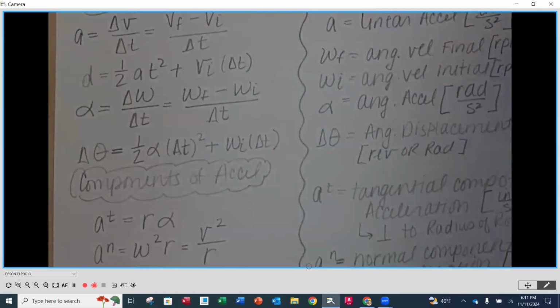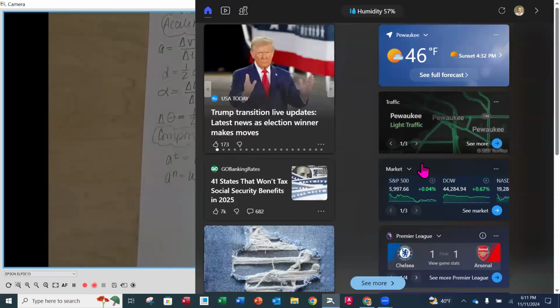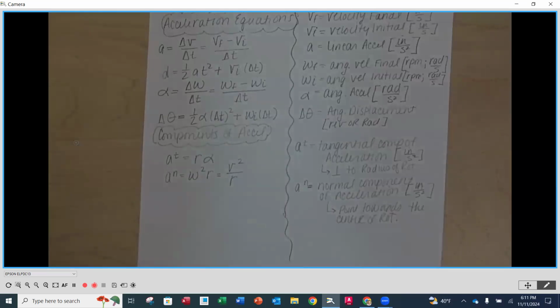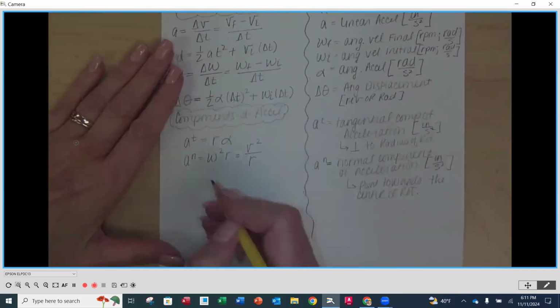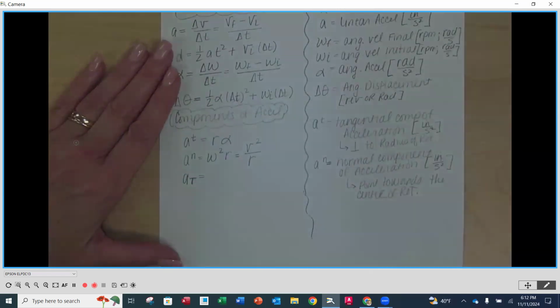All right. Now we have one last thing to add here, and that's the total acceleration. So since there are two components of acceleration and they're 90 degrees to one another, let's say I want to know what the total acceleration is, okay? And we call that a capital T as a subscript.